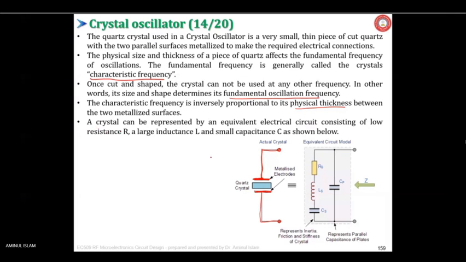A crystal can be represented by an equivalent electrical circuit, which is shown here. Equivalent electrical circuit can be used. It is a physical item. Okay, it's quartz, whose properties are such that it can be characterized with L, C, and R connected in series, and CP in parallel.